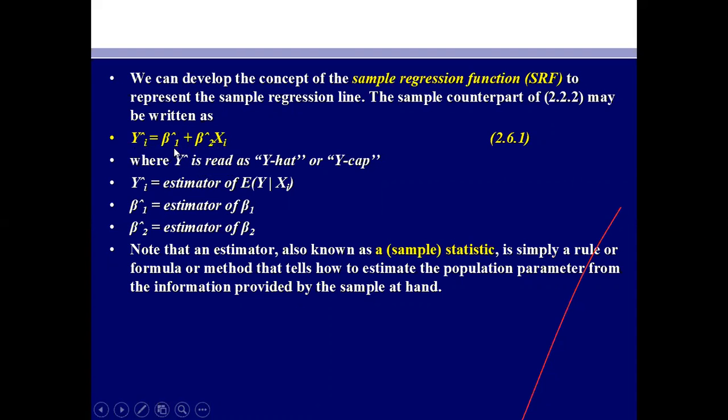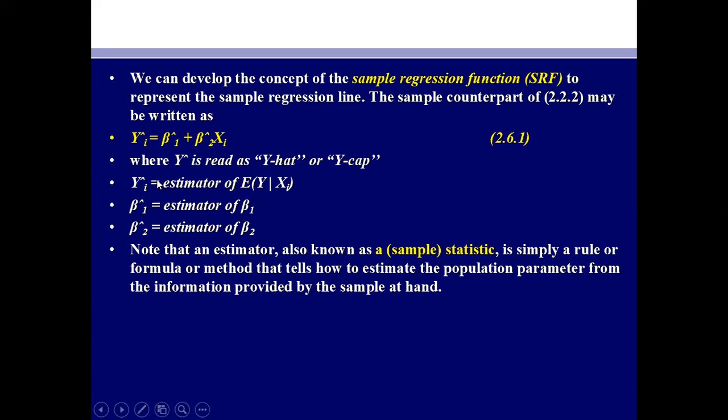And then in the last lecture, I don't know whether we had gone for a clear discussion of this or not, but anyhow, I will quickly repeat. In this expression, y hat represents the estimator of the left-hand side of the PRF. What was there in the PRF? The conditional mean, right?